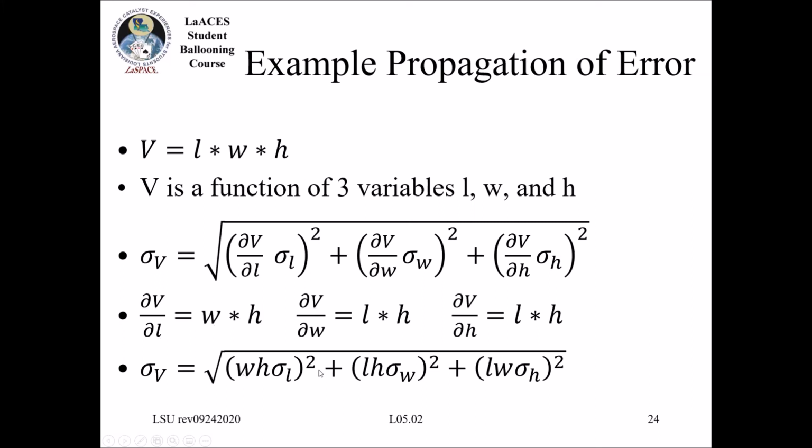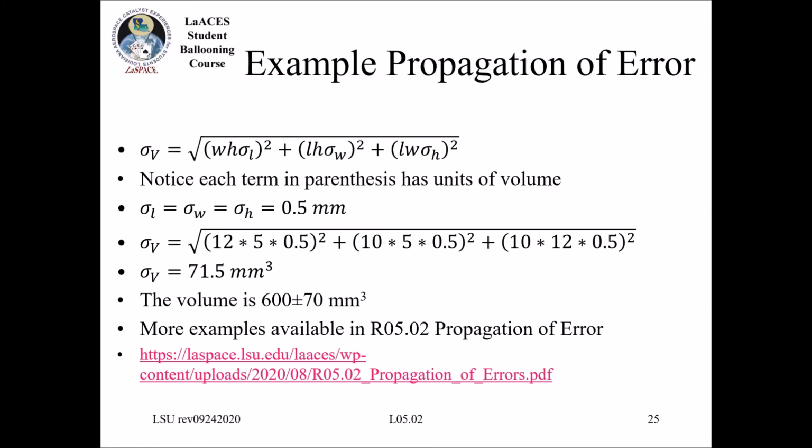And one thing you should notice is that each of these terms within the parentheses have units in volume, right? Because the error in length is a length. And that makes sense because the error in volume should be in volume.